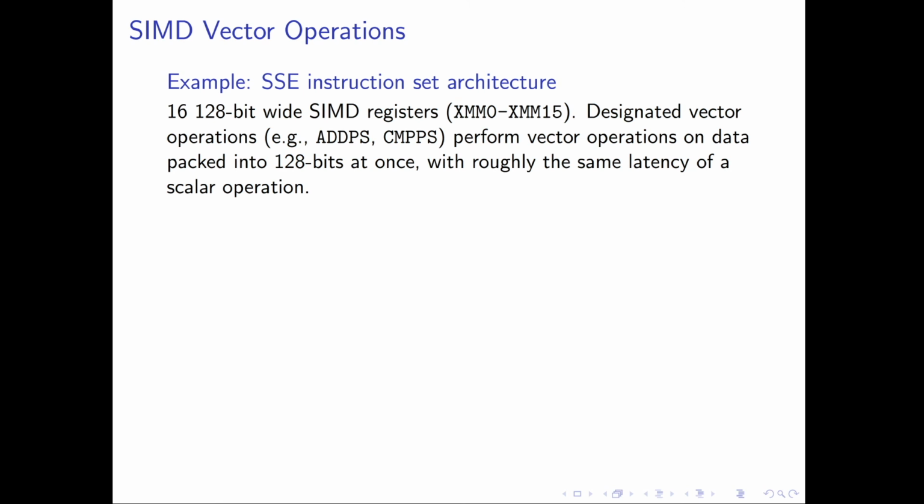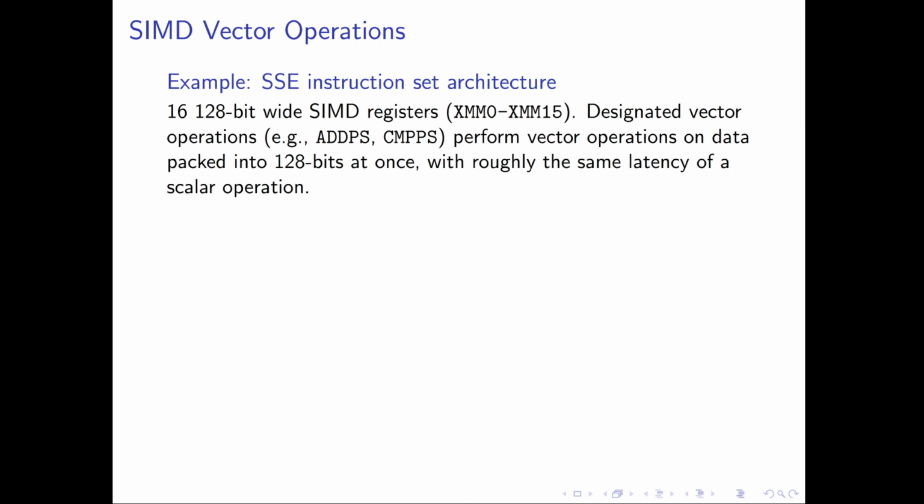SSE has in the meantime been superseded by the AVX instruction set. Most of the computers from the last 10 years, most Intel computers, implement the AVX 256-bit SIMD instruction set, where we can potentially pack 8 32-bit single precision floating point values into one vector register.